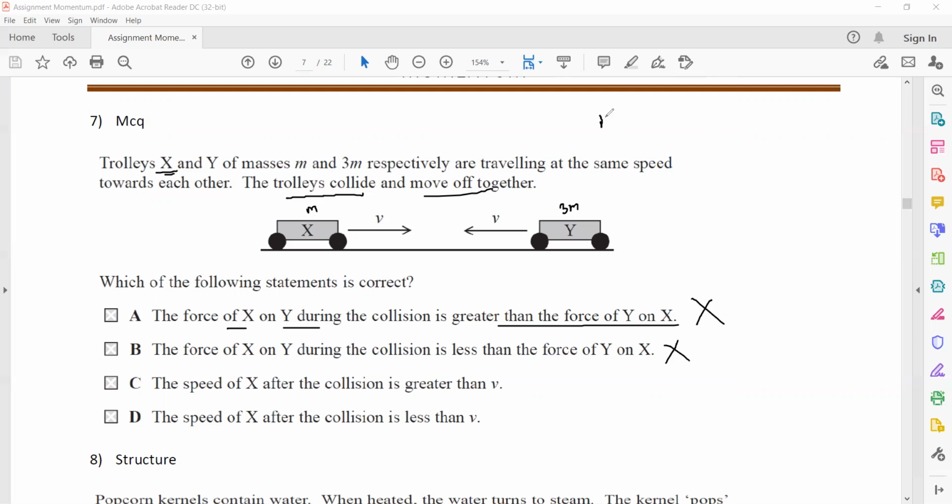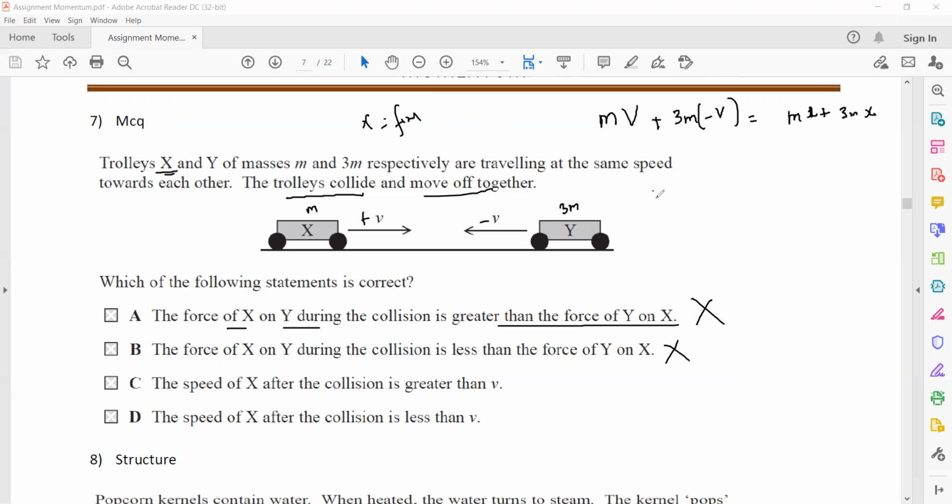So it will be first mass into first speed. If this we consider positive, the other will be negative, plus the second mass, which is 3m, and the second speed is minus v, and they stick together, so it will be mx plus 3mx, where x is the final speed for both.